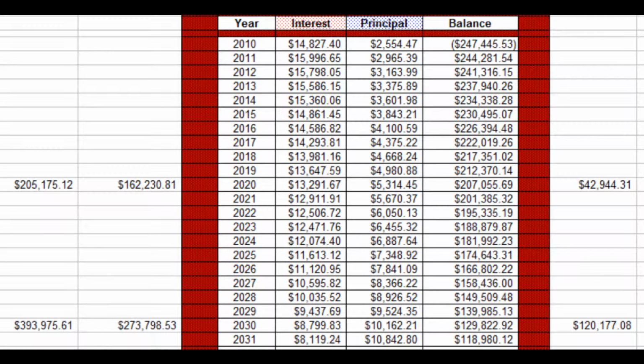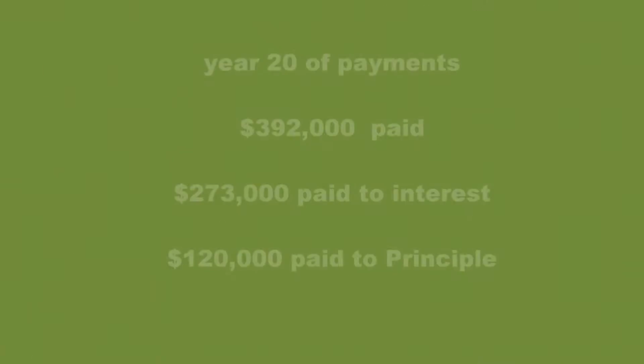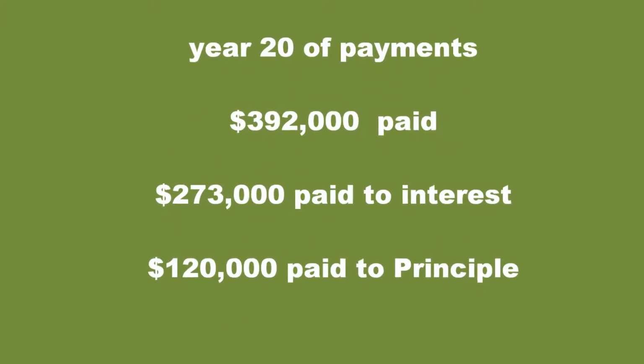Let's go 10 more years ahead. At the end of year 20, this means year 2030, you will have paid nearly $394,000. Let's say $400,000, out of which over $273,000 have been paid to interest and $120,000 to principal.